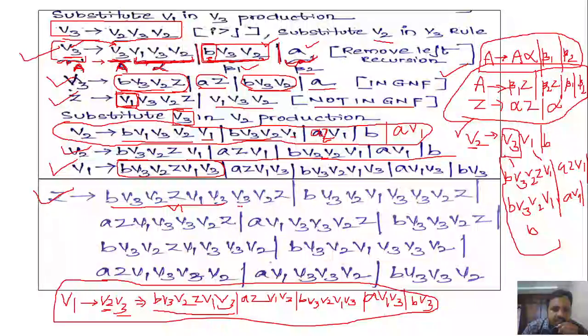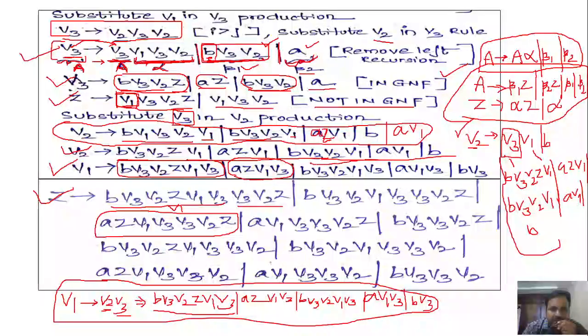V1 V3 and this V3 V2 Z as it is. Next combination, we can substitute AZ V1 V3 in Z to get another combination. So you will get AZ V1 V3 V3 V2 Z. This is the combination that you get.